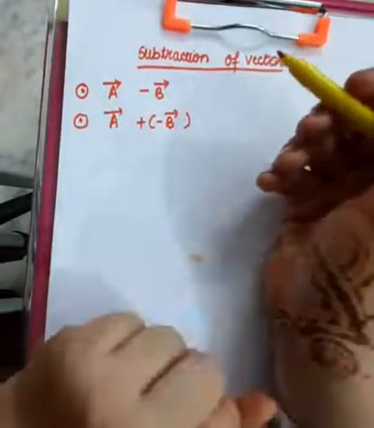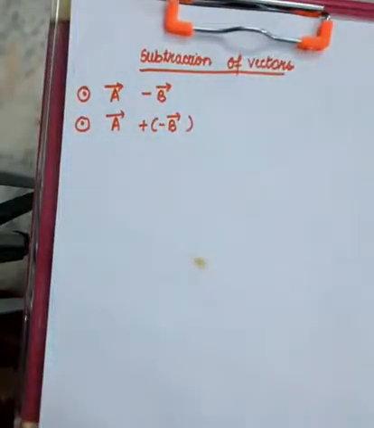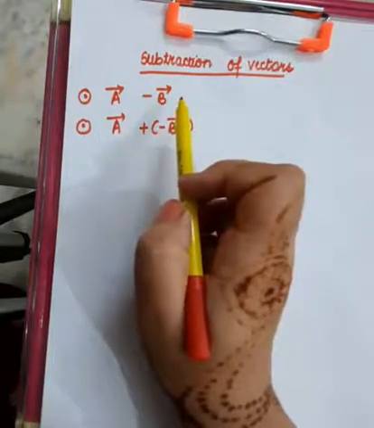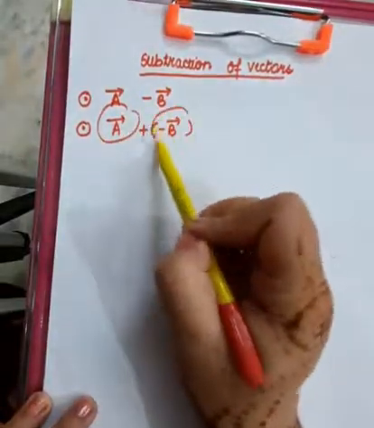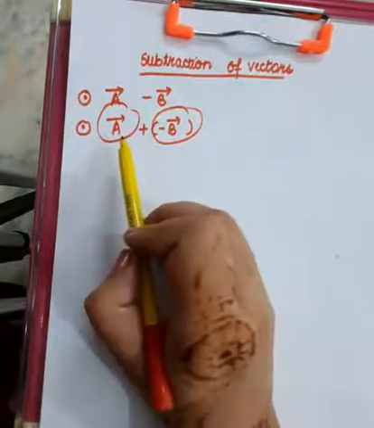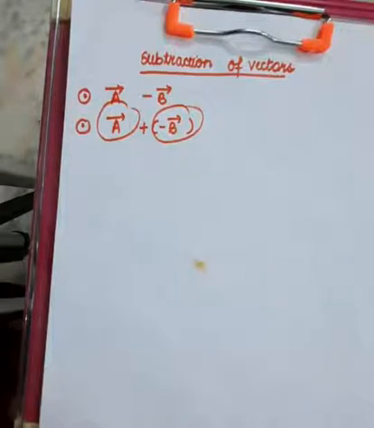This is not going to make any difference, but this will actually change your approach to look at this situation. First you were given two vectors and you needed to subtract them. But now you are given two vectors and you need to add them. Here the first vector is A vector, and the second vector is the negative of B vector. So don't you think this is an easy approach?